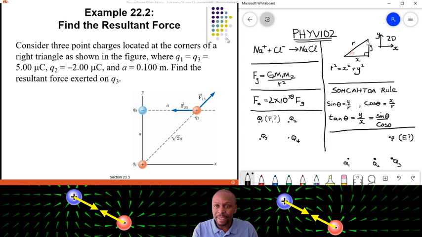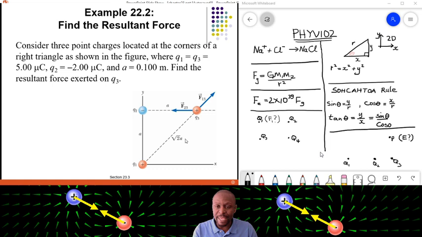If you use it in this problem here, you can show that the distance between Q1 and Q3 is the square root of 2 times a, and note that this a is outside the square root. Otherwise, if a was inside the square root, it would be the square root of 2a squared.